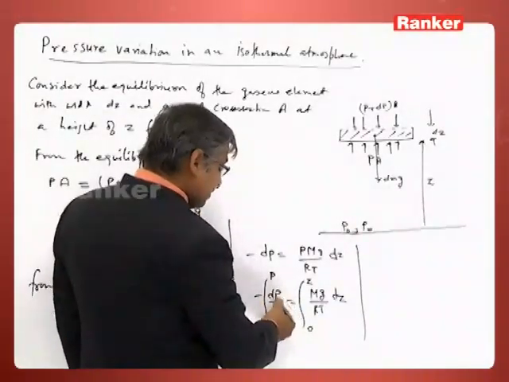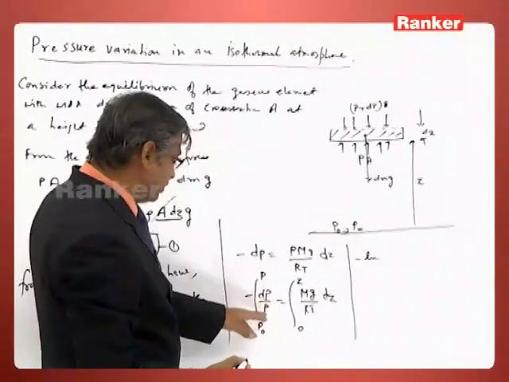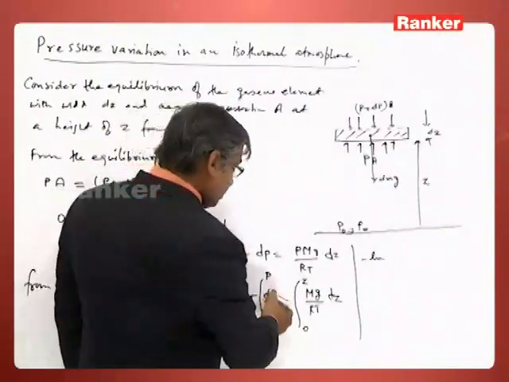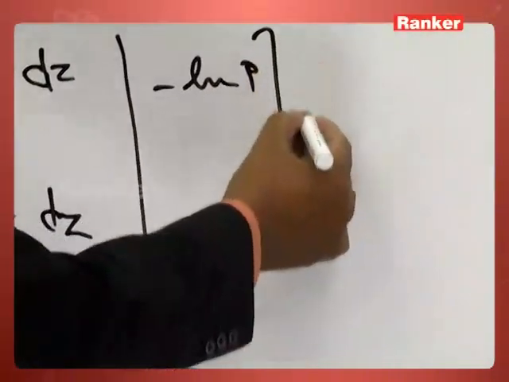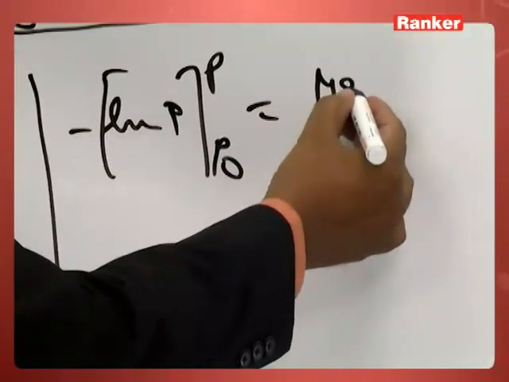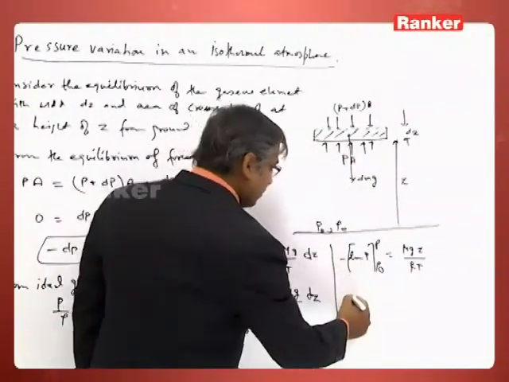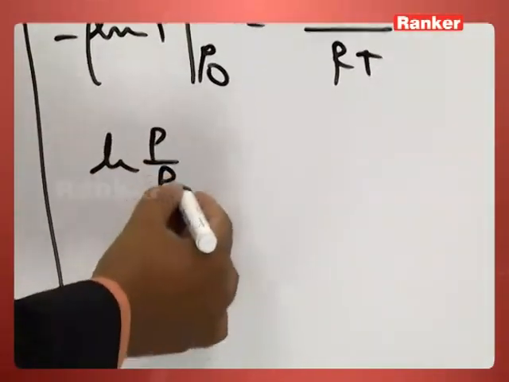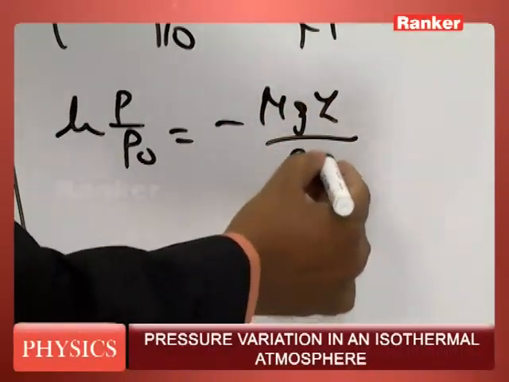If I integrate it, I will get minus ln P, with limits from P naught to P, equal to Mgz by RT. So this will give ln P by P naught is equal to minus Mgz by RT.